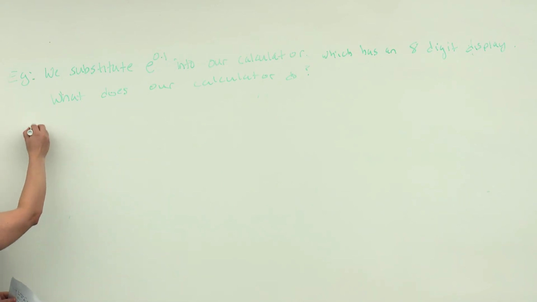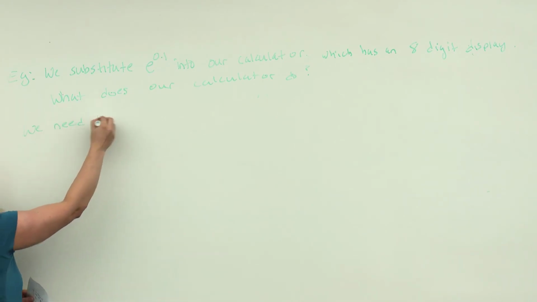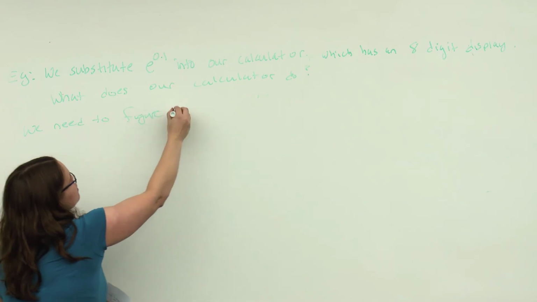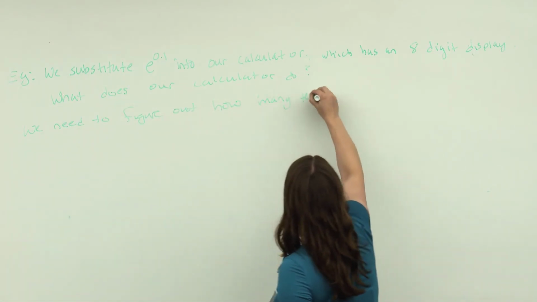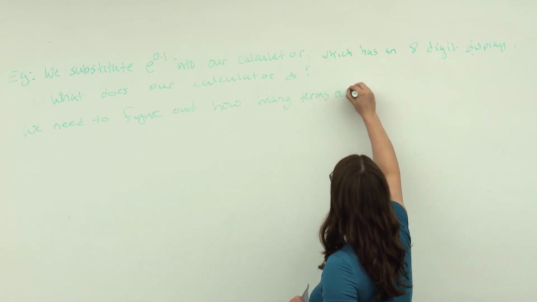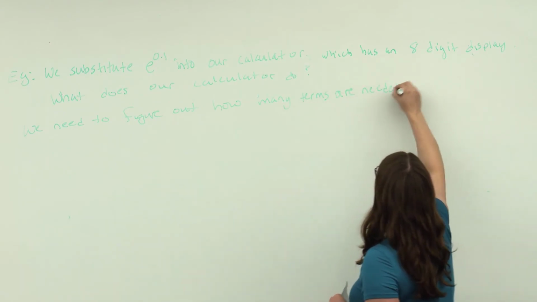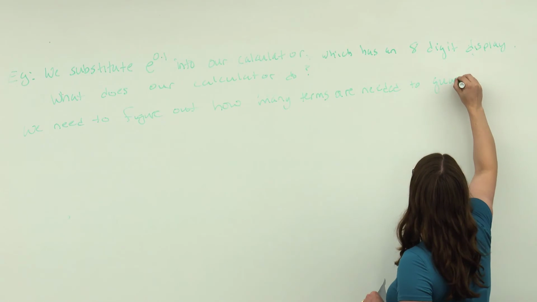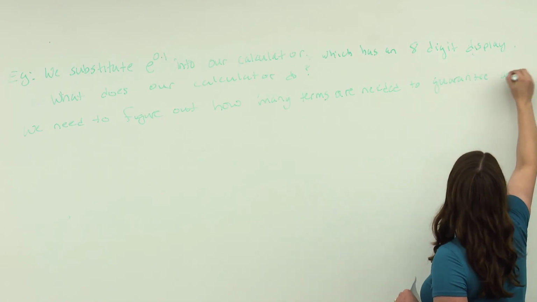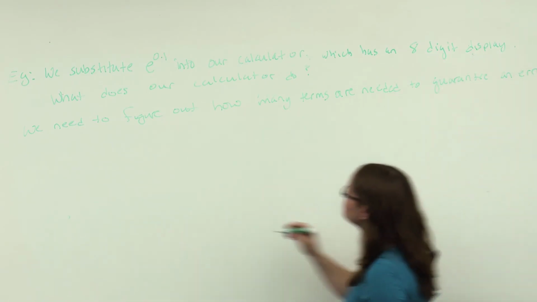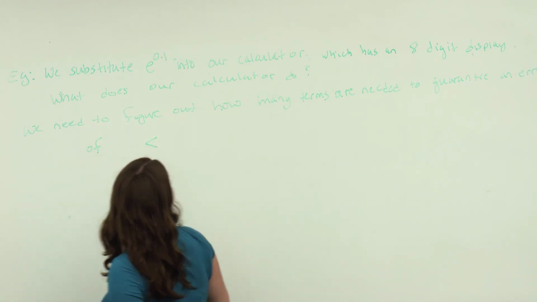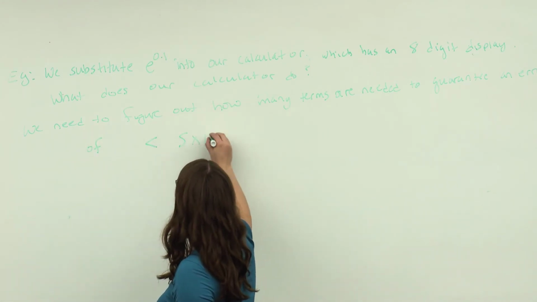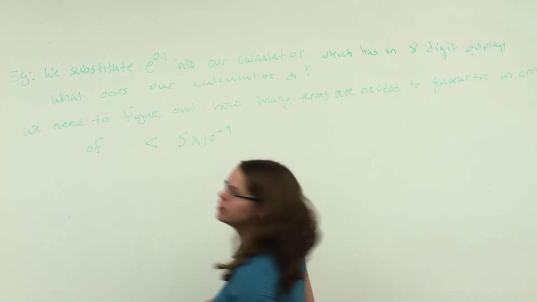So we need to figure out how many terms are needed to guarantee an error of something less than, say, 5 times 10 to the minus 9.